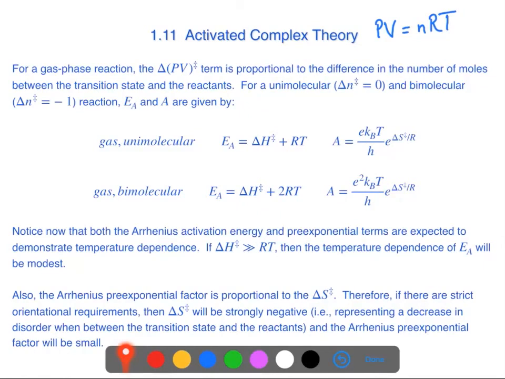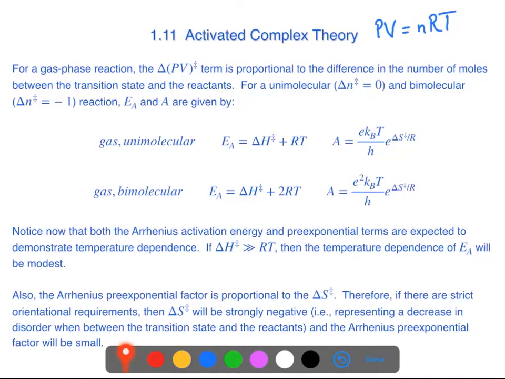Also, the pre-exponential factor is shown to be proportional to the difference in the entropy between the transition state and the reactants. So if there are strict orientational requirements as the reactants approach the activated complex, the transition state, then we would expect the delta S double dagger term to be strongly negative. This represents a decrease in disorder, or an increase in order, between the transition state and the reactants.